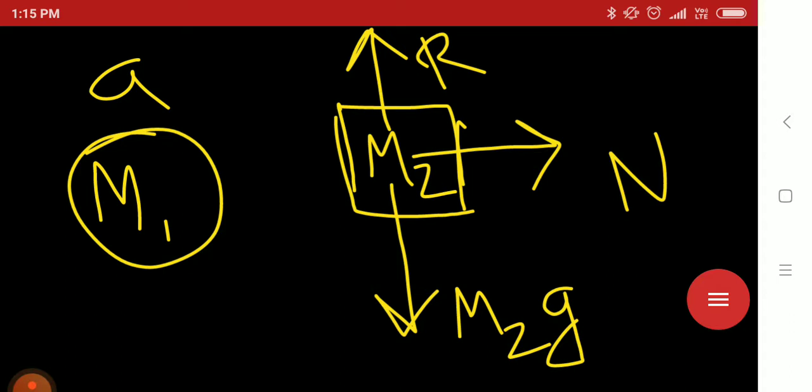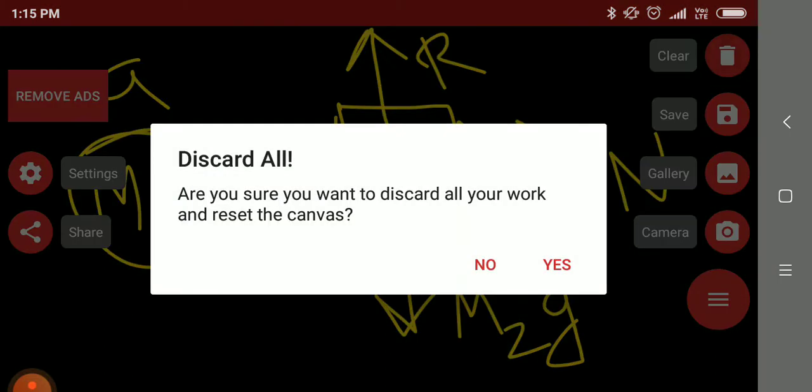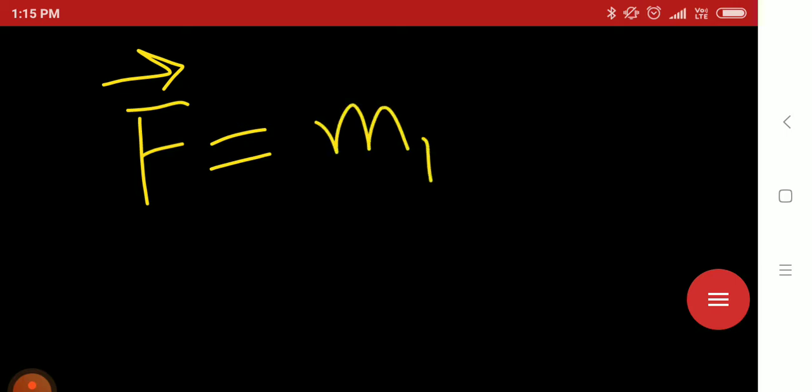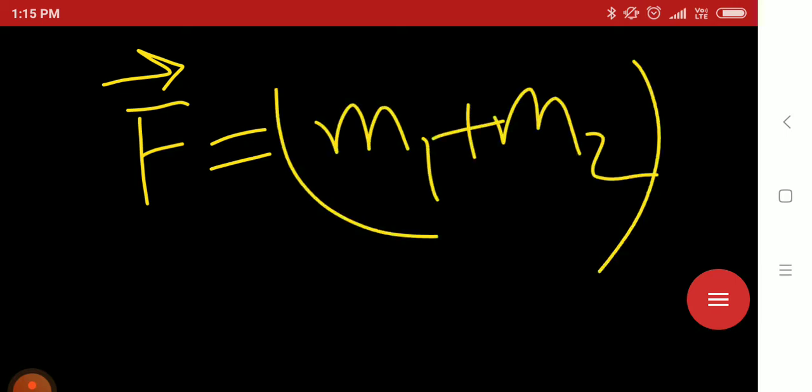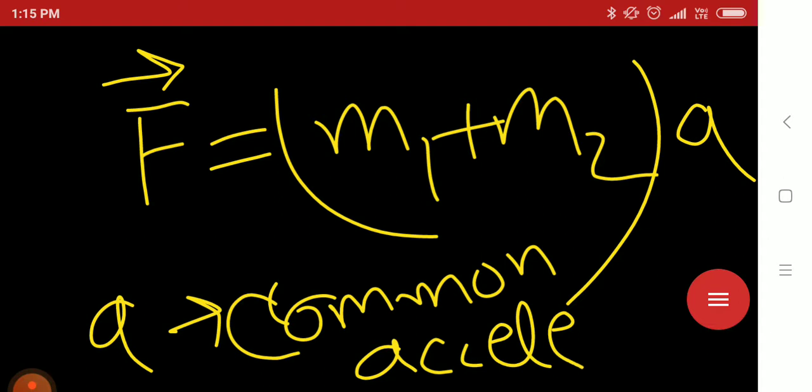So we have to find the force of contact between M1 and M2. To get the common acceleration, we have to write the equation of motion. For the common acceleration, the equation of motion is F equals M1 plus M2 into A, where A is the common acceleration of the system.